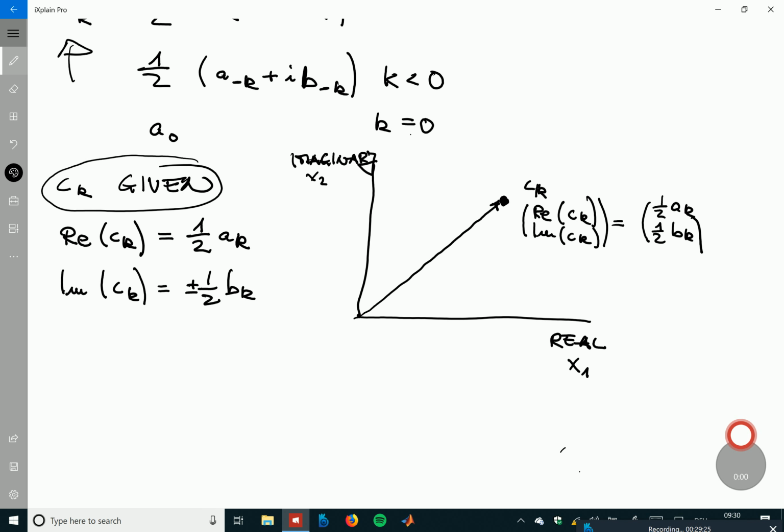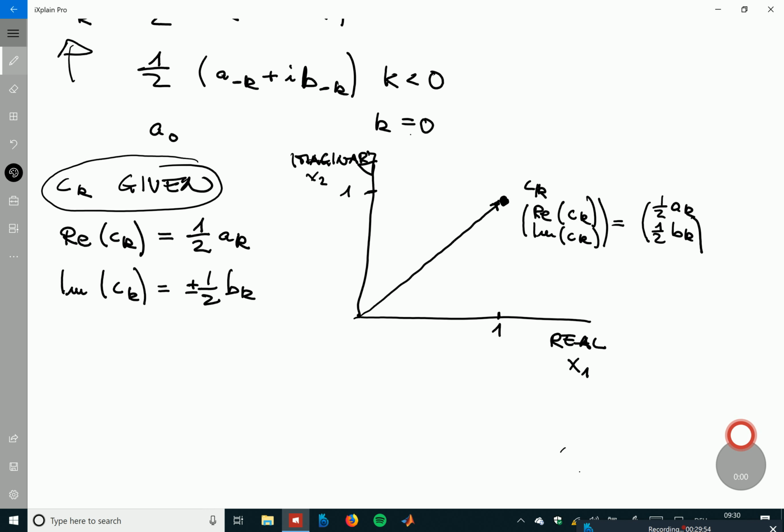To make this really concrete, let's say this is 1, 2. So our real part is 1, our imaginary part is 2, for example. Or, because it looks more like this, both are 1. It doesn't really matter, but it's two numbers that you can plot in a plane. Somehow we need to get rid of this 1/2, but it also doesn't really matter. We can also deal with the 1/2.